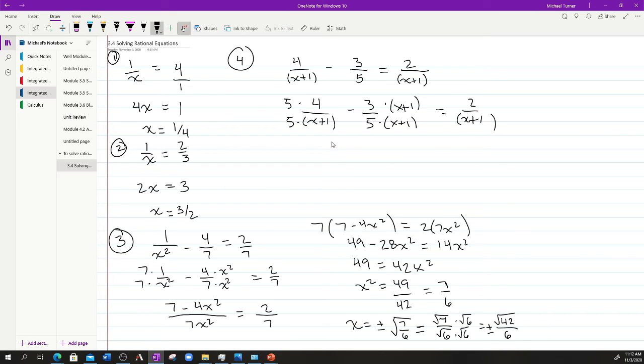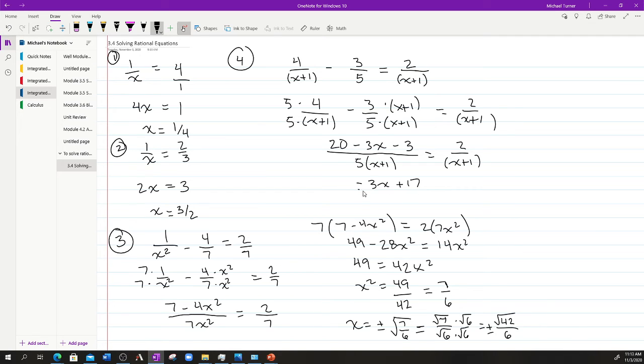So we end up with 20 minus, distribute, 3x minus 3 over 5 times x plus 1. Now, we could cross multiply from here if we want, after we, of course, clean up that numerator on the left by combining like terms.